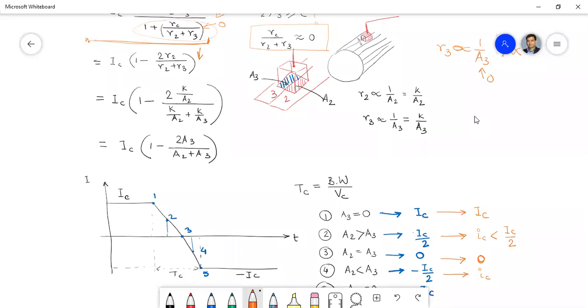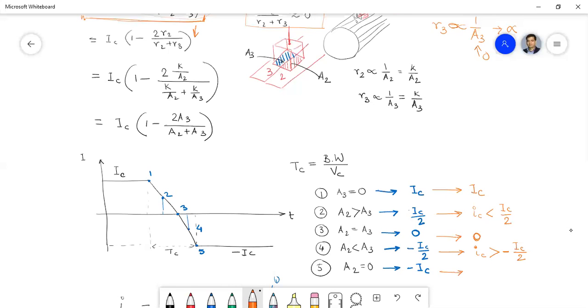That means we can say it is more than minus IC by 2. This way we can explain this. It is less negative, so therefore IC must be greater than minus IC by 2. And again, this value will remain unchanged.